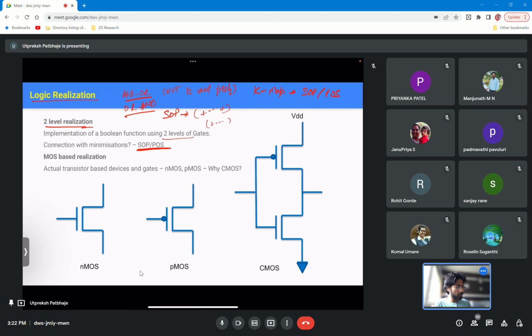If you go from their implementation of AND-OR, AND is nothing but a dot b kind of operation and OR is a plus b kind of operation. So in a sum of product you will be getting outputs of numerous OR gates, and at the final stage all of these outputs will be going as input to your final AND gate.